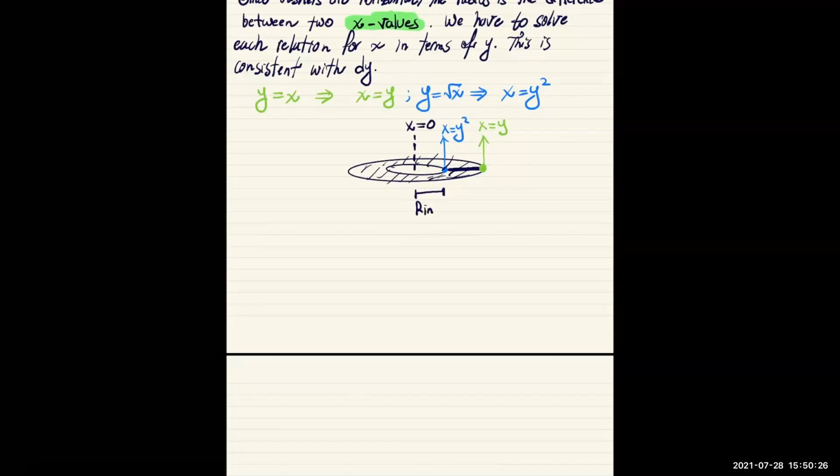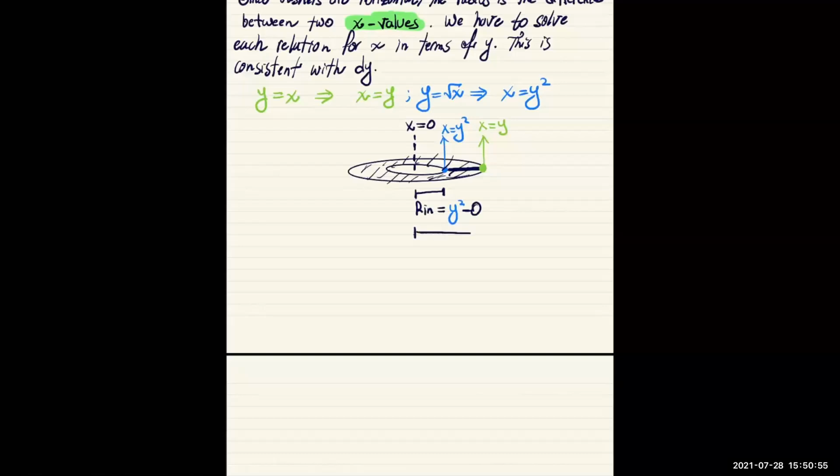Right minus left. Yes, right minus left. Bigger x minus the smaller x. The bigger x is this function, it's y squared, minus the smaller x, which is 0. So that's the inner radius.